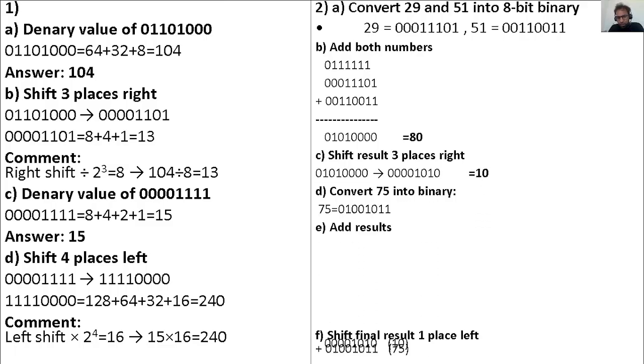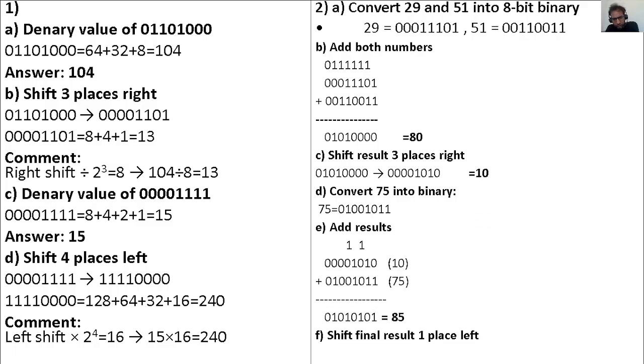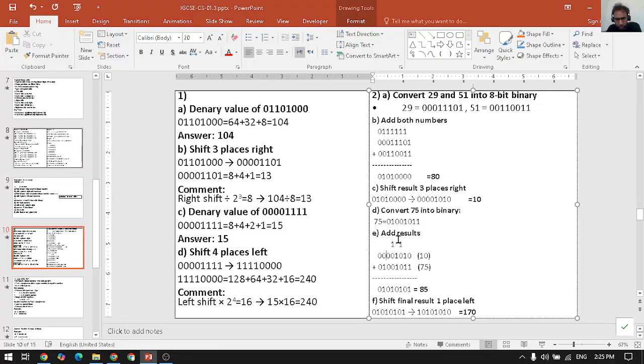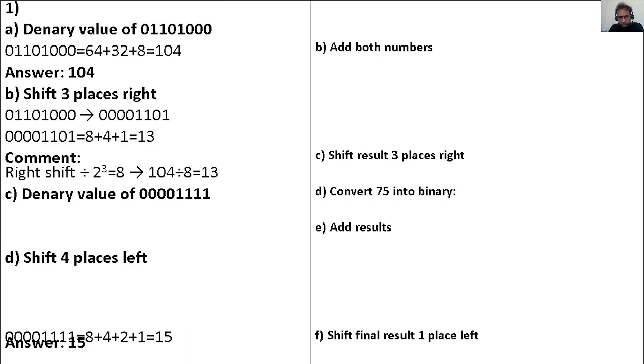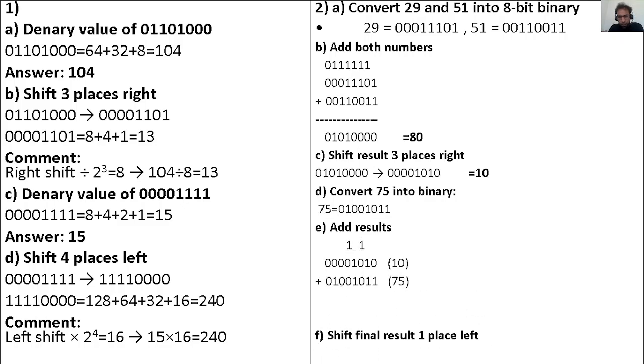We can verify it. Let me re-verify it again. Let me correct it by placing it here. 1 plus 0 plus 0 gives us 1. Yes, 1 plus 1 gives us 0, and then 1 goes for carry.